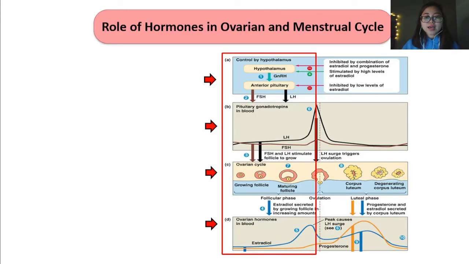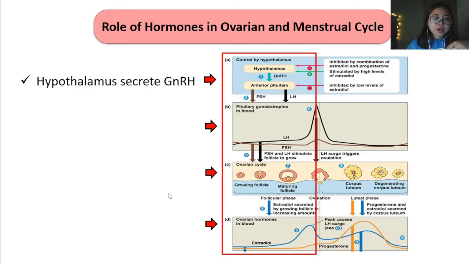Okay, so we were talking about what happens in the ovary and what happens in the womb. Now we are going to explain by the hormones. Tadi kita cakap begitu saja, sekarang kita fokus kepada apa yang hormon-hormon ini buat pada setiap step.